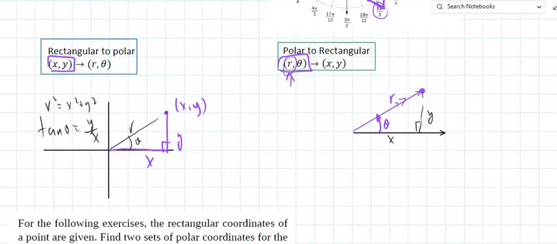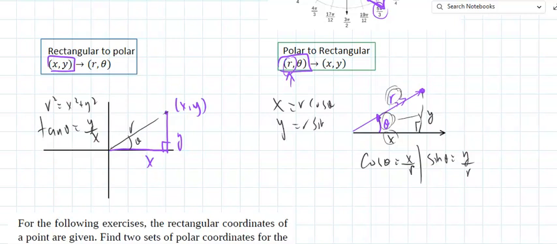Given a right triangle where I have the angle, the hypotenuse, and I want the adjacent, cosine of theta is the adjacent over the hypotenuse, and if I cross multiply, x would equal r cosine of theta. Similarly, if I have a right triangle given the hypotenuse and angle and I want the opposite, sine of theta is the opposite over the hypotenuse. If I cross multiply, y equals r times the sine of theta.